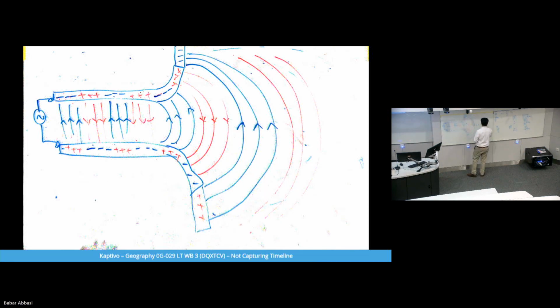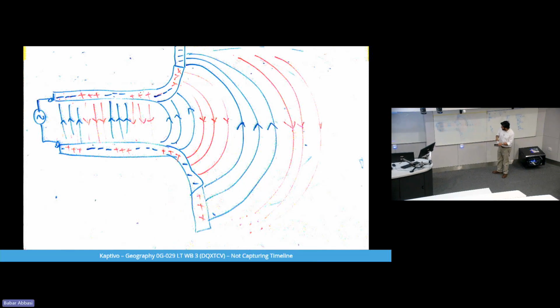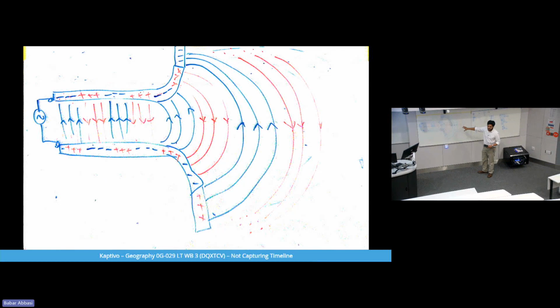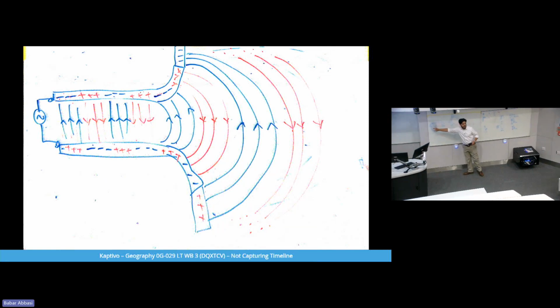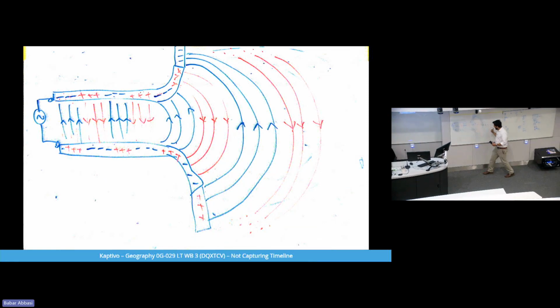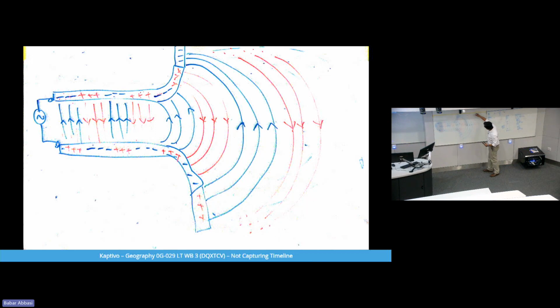It will just stay for half a cycle, and then there will be another flip, another cycle, and then the whole thing will move forward, and it will have a completion of its own.